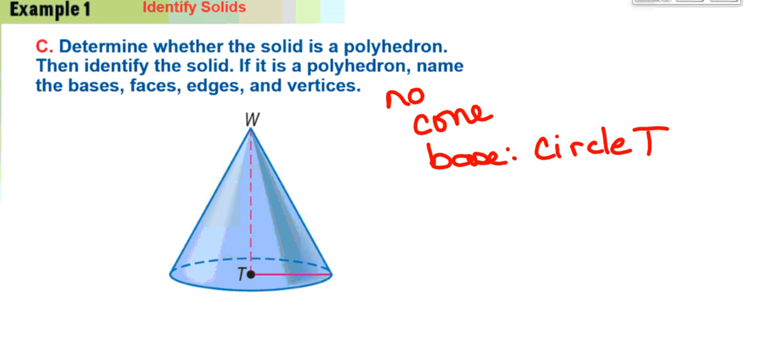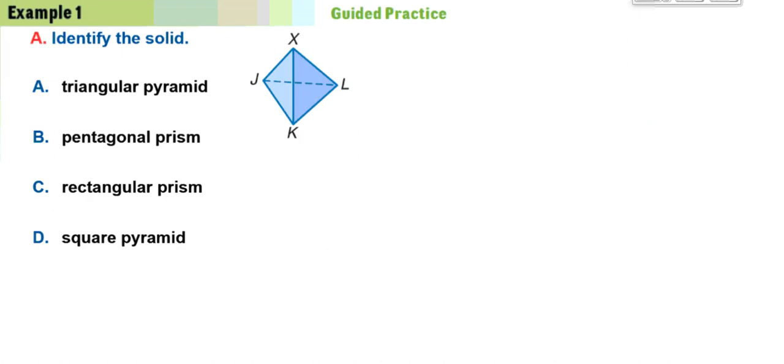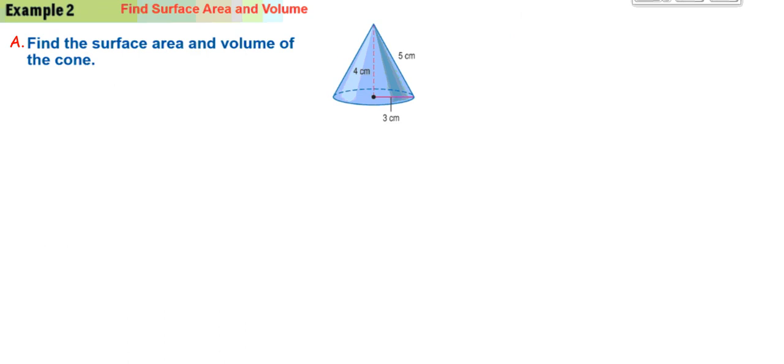What's the vertex? Vertex is W. So if it's not a polyhedron, we can't always name all of the parts, but we can name at least some of them as we go. And we'll maybe say those another day.